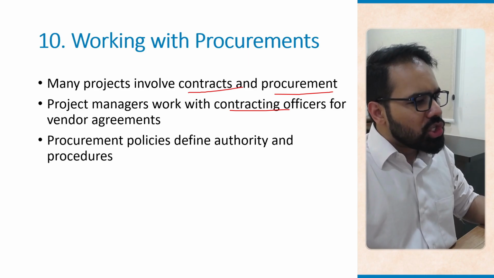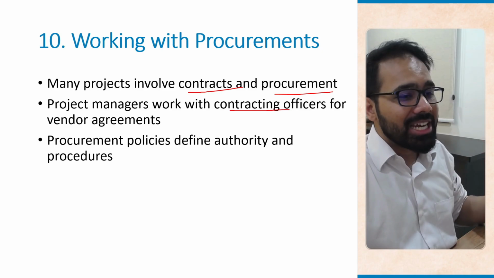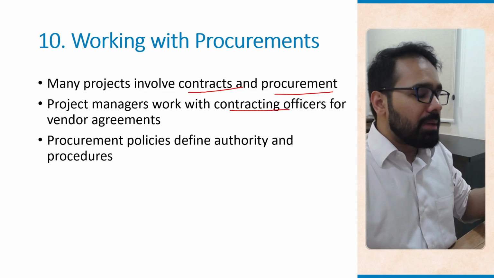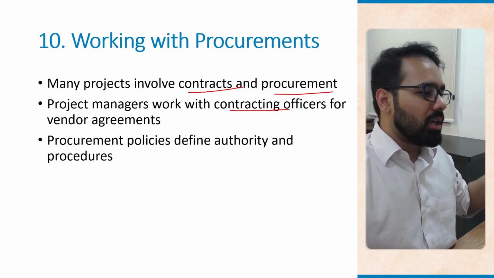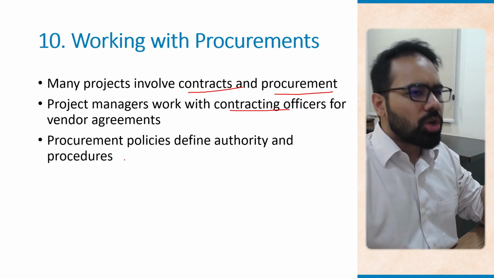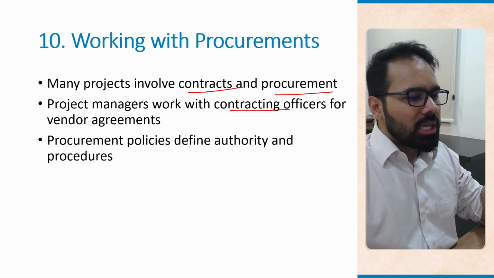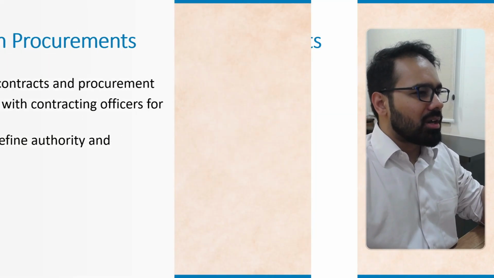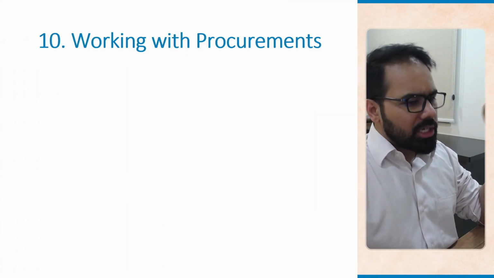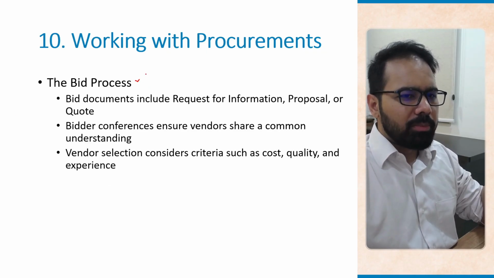These are going to ensure that contracts comply with the organizational requirements as well as legal requirements, at the same time meeting the project needs. So whenever it comes to procurement contracts, you will always have to make sure the legal side of things is covered. Okay, now continuing with working with procurements, we will also talk a bit about the bid process.